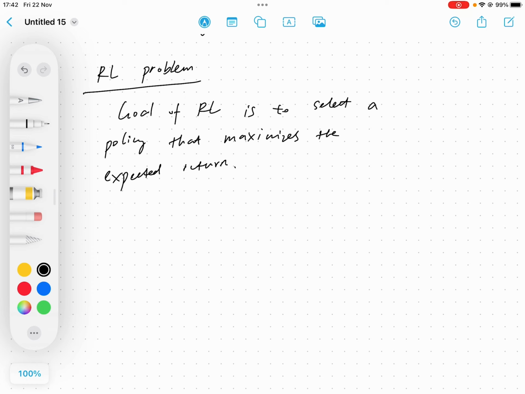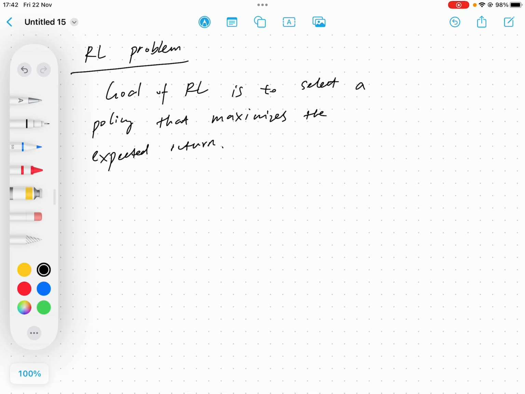So the probability of a T-step trajectory, let's have something specific. The probability of a T-step trajectory or episode will be P of tau given some pi.